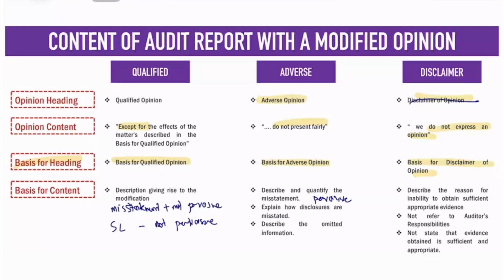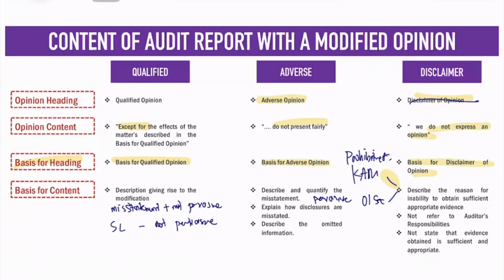So take note that if there is a disclaimer of opinion, the effect is that there is a prohibition in providing a key audit matter paragraph and other information section. So normally, if there is already a disclaimer of opinion, it is prohibited to provide the following: the key audit matter paragraph and at the same time the other information section.